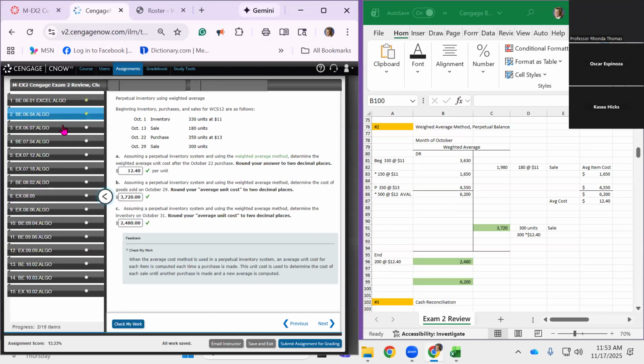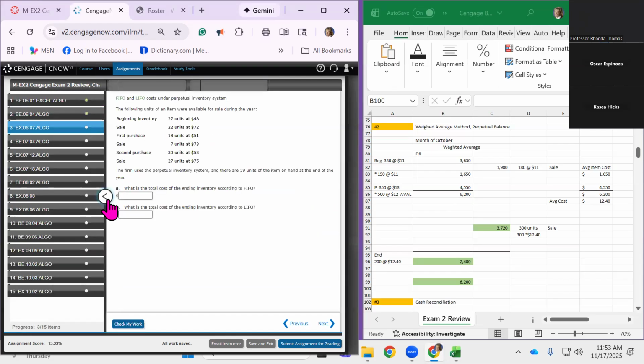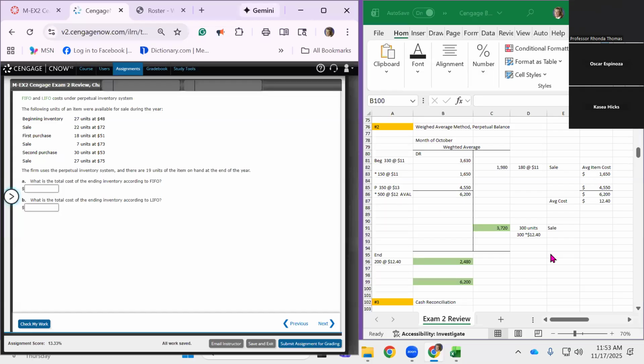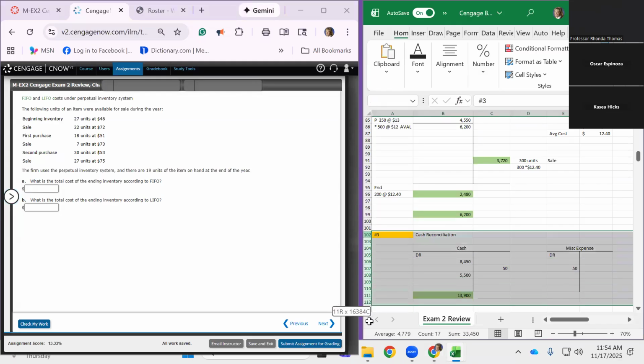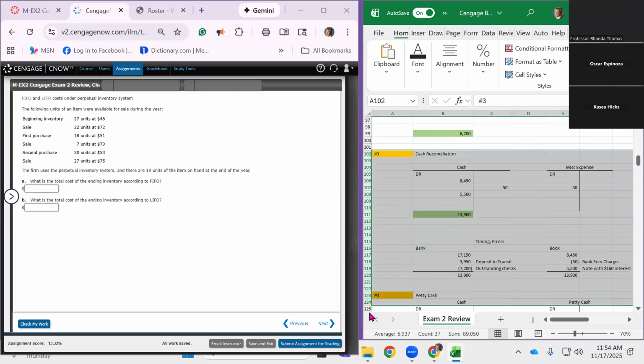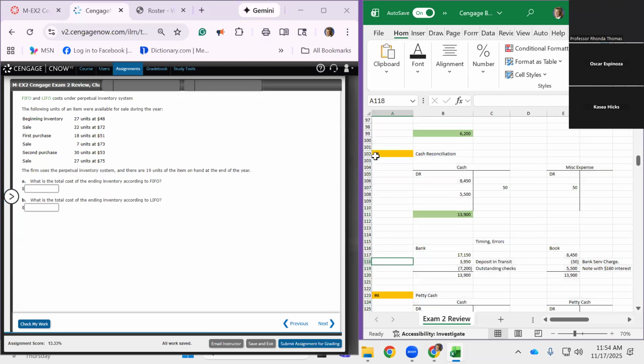Let's see what else we got. One more for inventory. Okay, once again, this is FIFO and LIFO. All right, and so let me make a big place here and I'll throw a little bit of calculations in here.